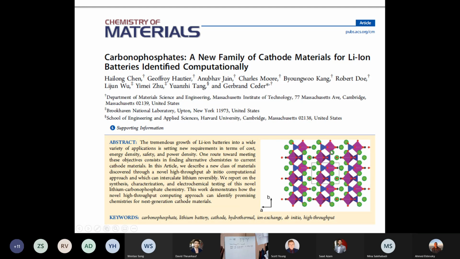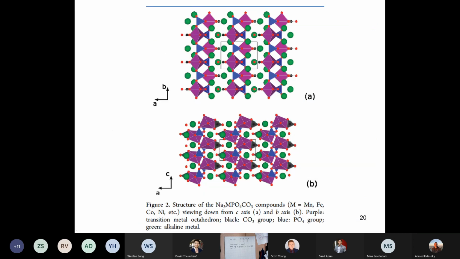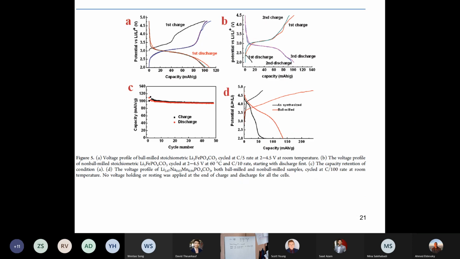It should form. They predicted what its voltage curve should be. They made it. This is what it looks like. Predicted theoretically, they made it, and it has a charge discharge curve, and 100 milliamp hours per gram cycling, and so forth.